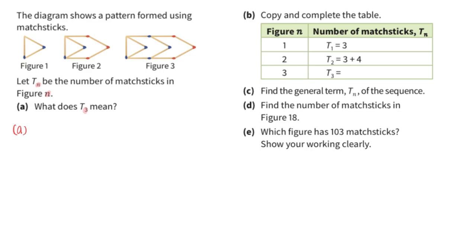If Tn is the number of matchsticks in figure n, so T3 will be the number of matchsticks in figure 3. Brilliant. So just use back the same phrasing and we are done with part A.